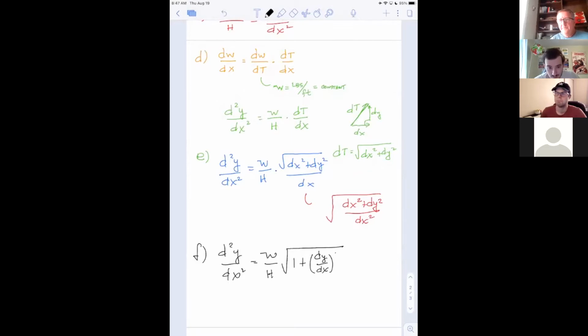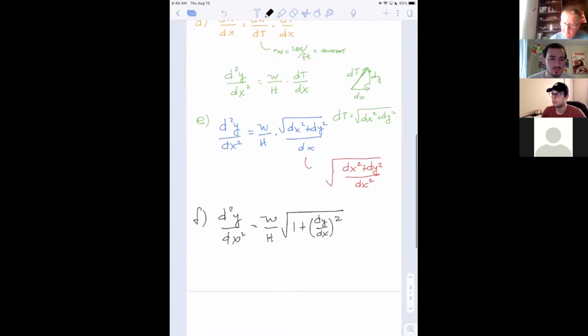My pen just died. So I'm going to put a 2 up there in a second when my pen wakes up. Well, isn't that what we started with? Isn't that the equation I just kind of gave you in this problem? The pen is alive.